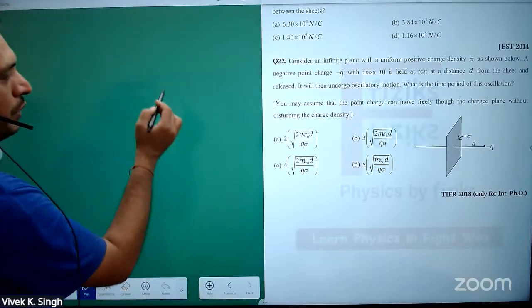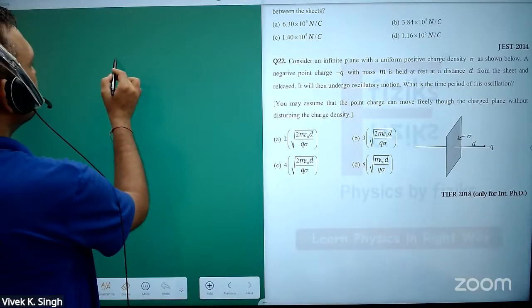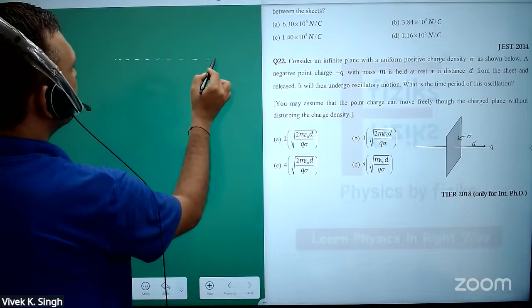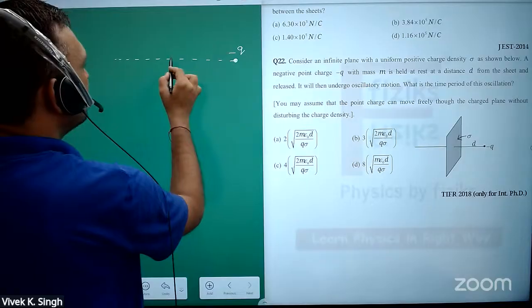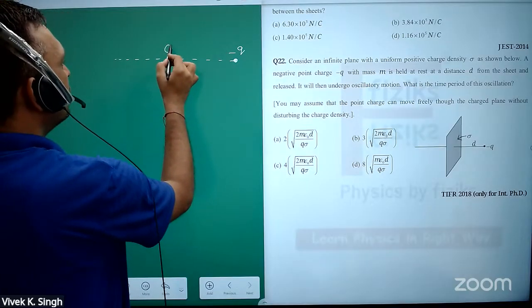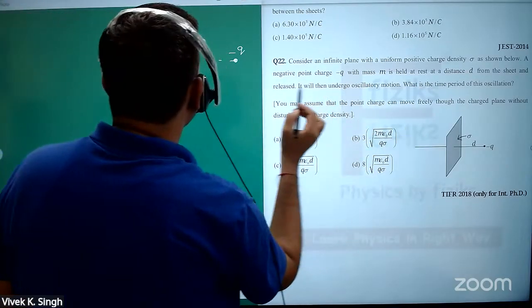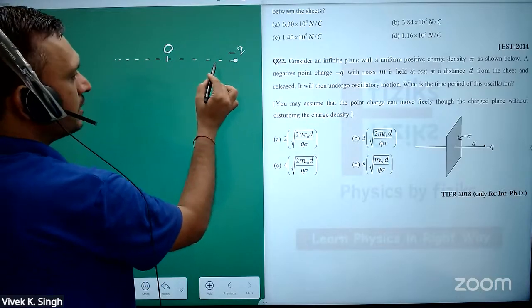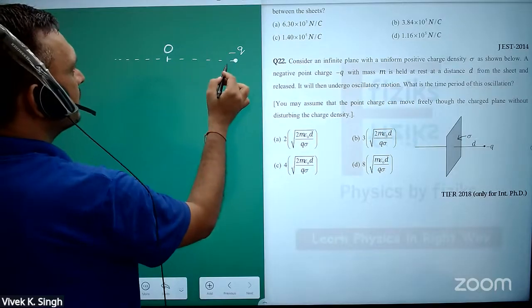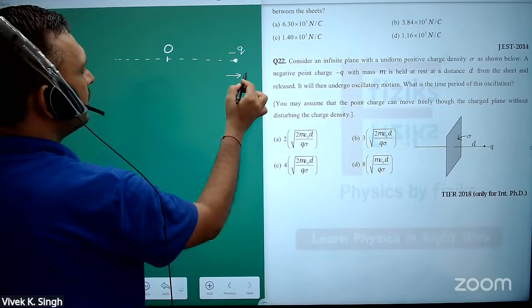So let's see what will happen. Now consider this charge is minus q. This is the point O where the sheet is located. There is an electric field in this direction. What will be the electric field?